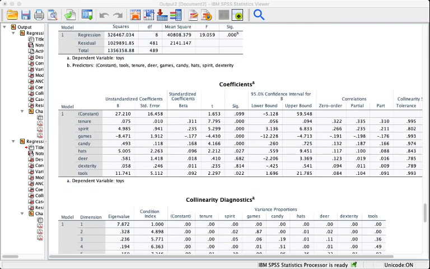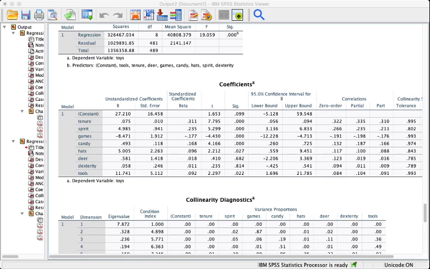Now, the next thing to look at is this table marked coefficients. This table is essentially telling us, okay, we saw above the model is significant, it's explaining a significant amount of the variance. Why? Well, if we look here, we can see that there's a number of coefficients or predictor variables that are significant.